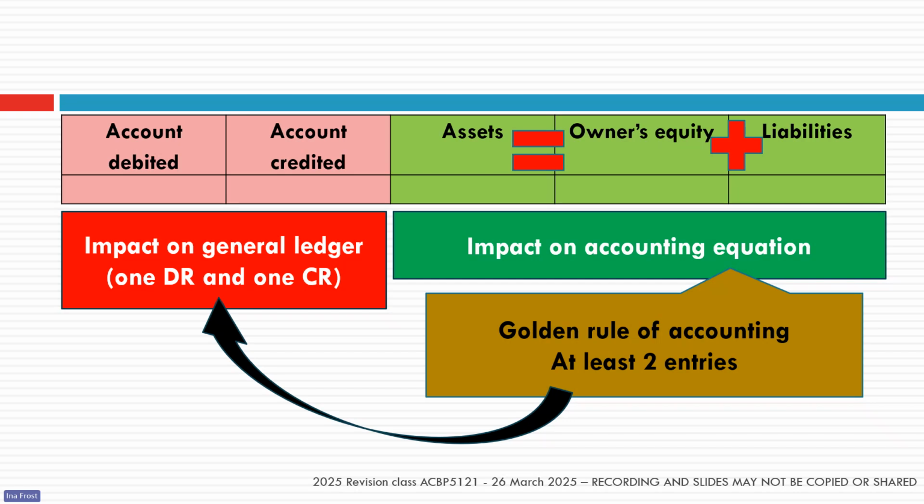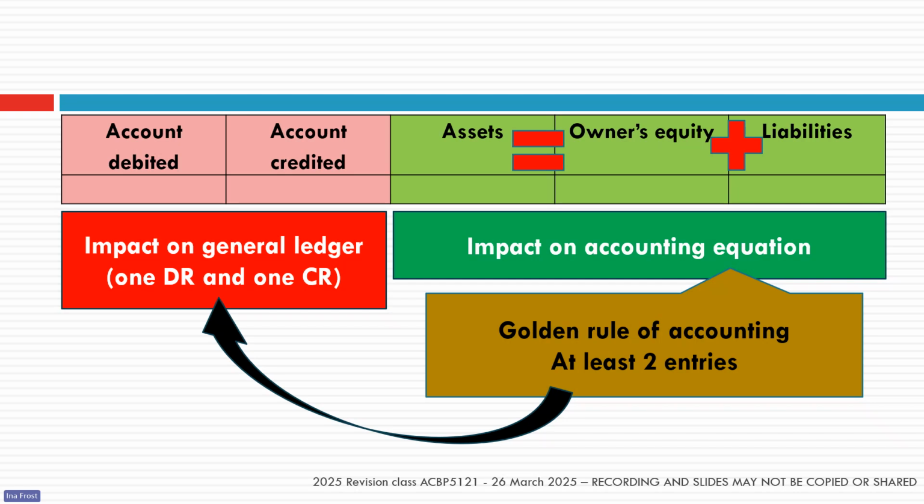There has to be 2 actions in the accounting equation so that the equation will always stay in balance. By staying in balance, I mean the assets must equal the owner's equity plus the liabilities, after every single transaction. That is our golden rule of accounting: every transaction needs at least 2 entries.